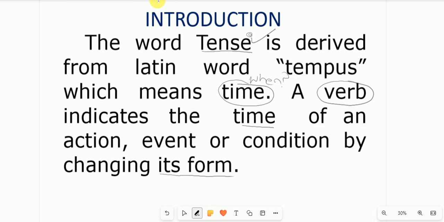So we are going to learn different types of tenses by changing the form of a verb, because a verb is key in understanding tenses. Tenses indicate the time in which an action, event, or condition took place in a particular sentence.